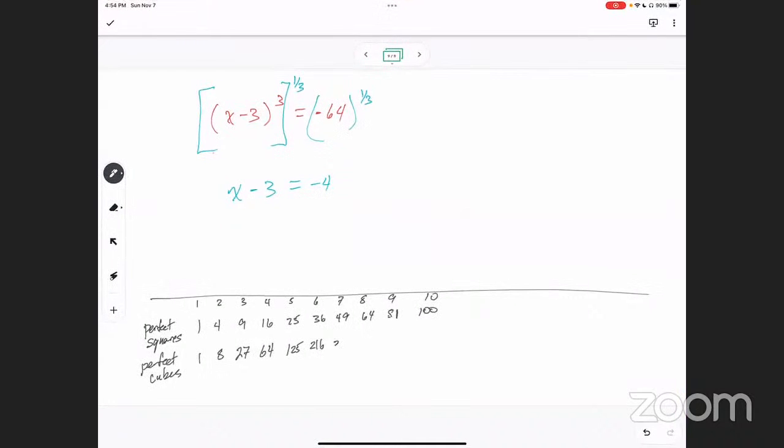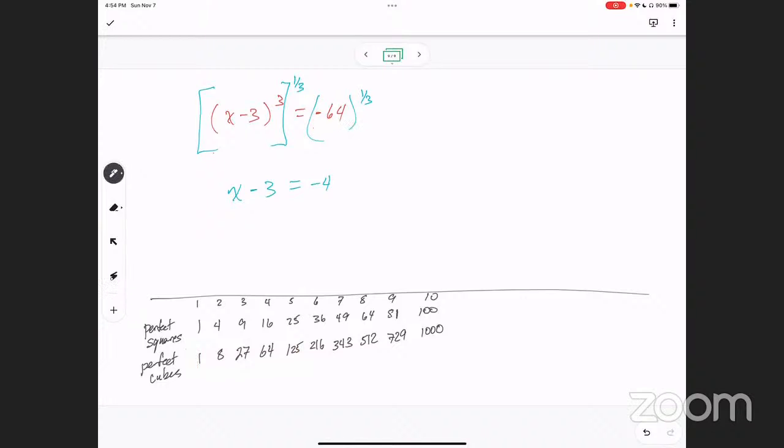What's 64 times 8? 512. And then the other one is 729, and 1,000. Those are good ones to have memorized, definitely up to here. So when you see that, you're like, oh yeah, that's just negative 4.